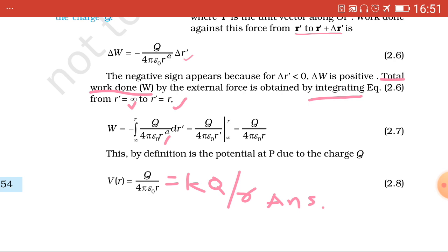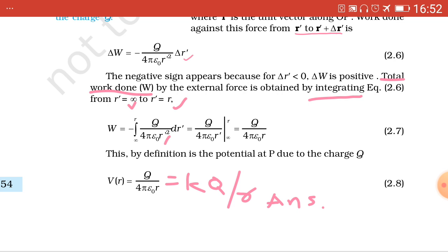The term containing r dash is only r dash square, and the rest of the parameters, k or 1 upon 4 pi epsilon 0 and capital Q, are constants, so they are taken out of the integral sign. Taking r dash square to the numerator, this simplification can be noted in your notebook, it equals r dash raised to minus 2 dr dash.